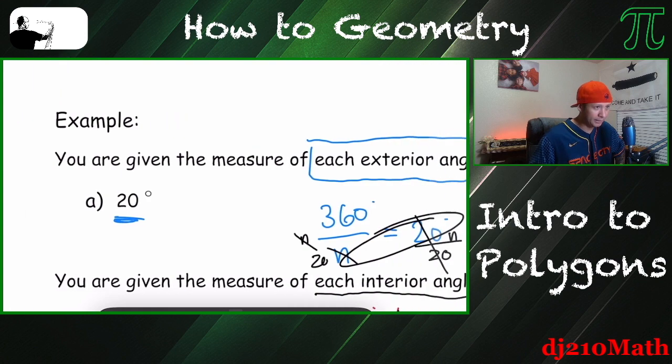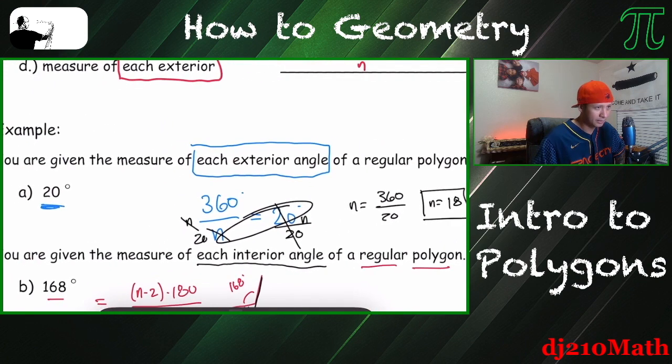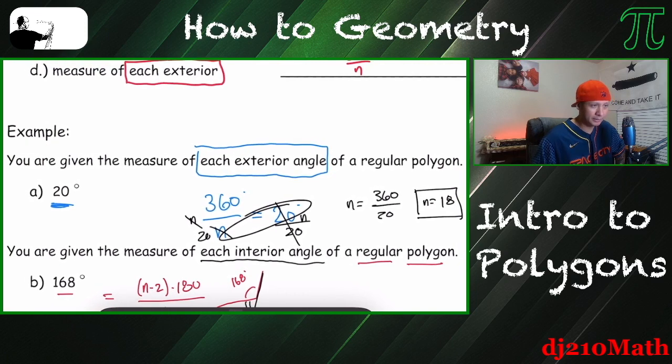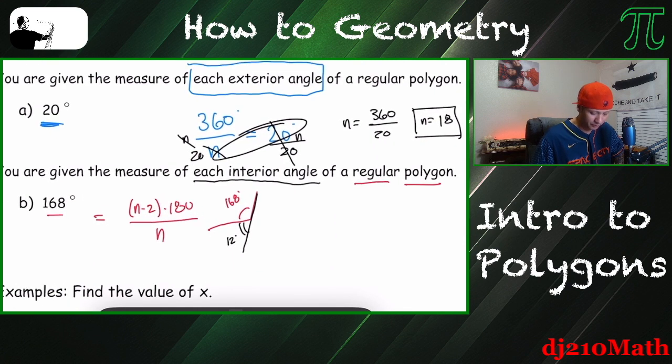So what that means is that we're right back at the last example. When they said that each exterior angle is 20, we have a nice little formula, and we can do n is equal to 360 divided by 20. That's what we did. So now it's the exact same problem except with 12, because 12 is the exterior.